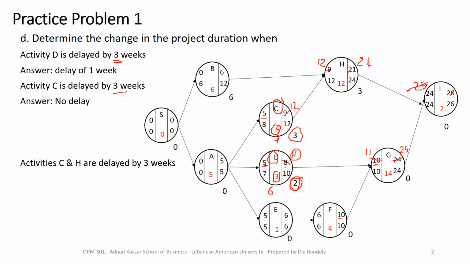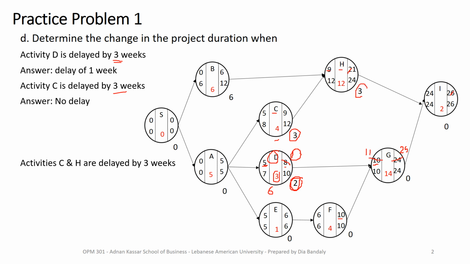Okay, let me take it out. Great. So both activities C and H are delayed. Okay, C has a slack time of 3 and H has a slack time of 3.